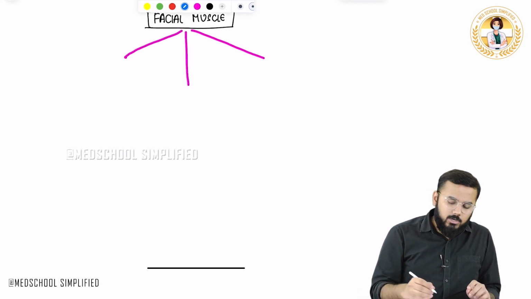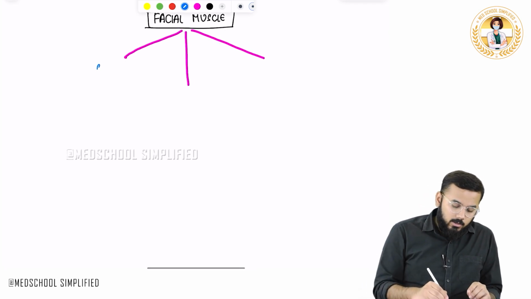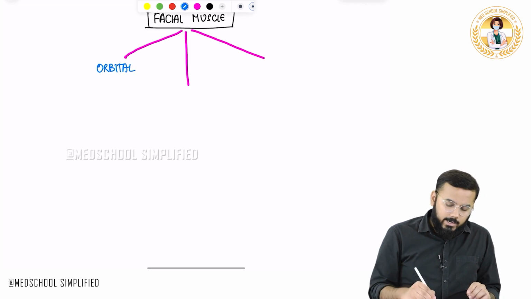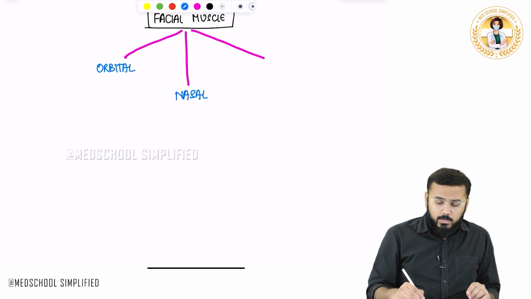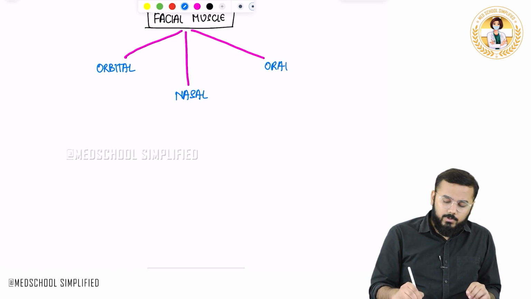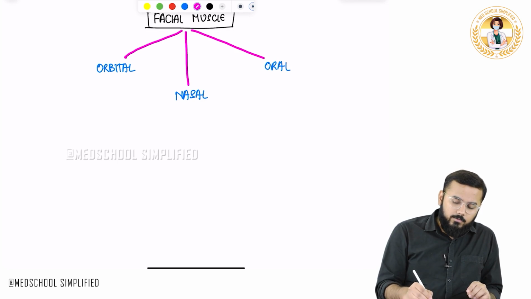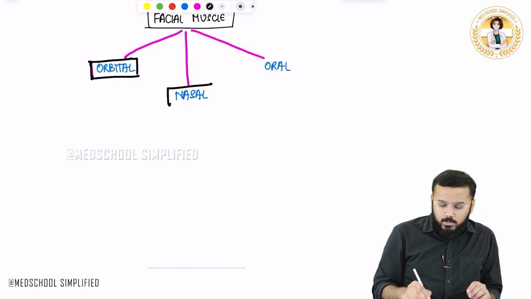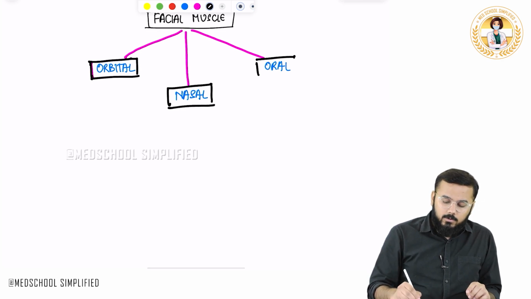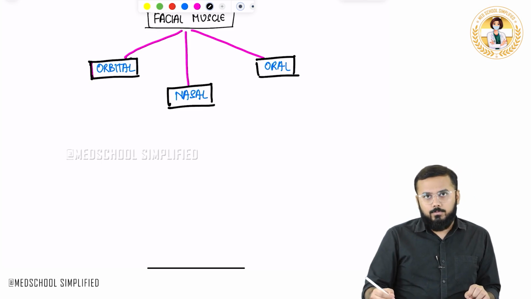So we have three most important groups: the orbital group, the nasal group, and the oral group.